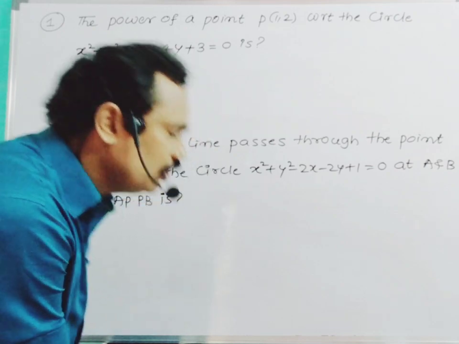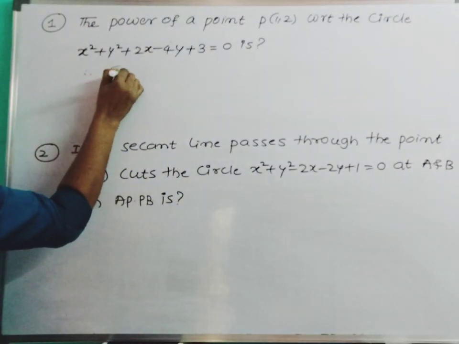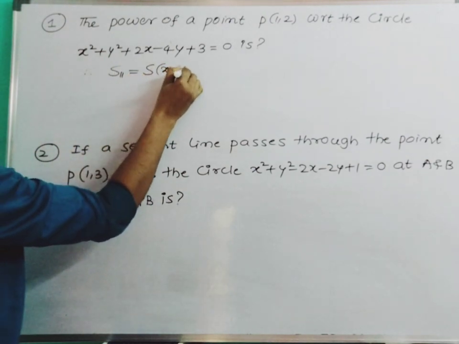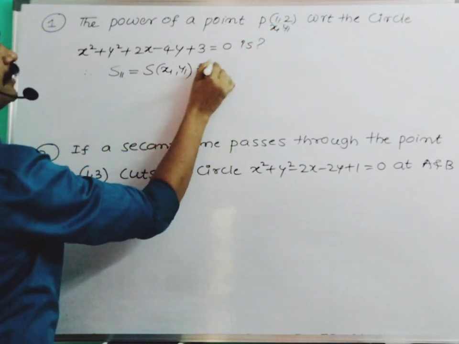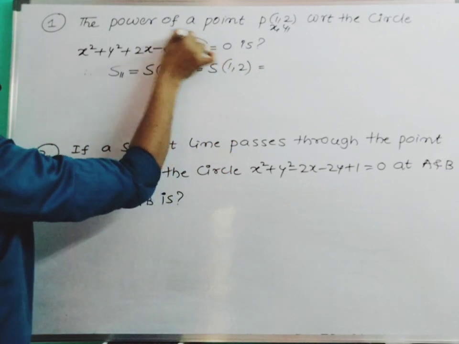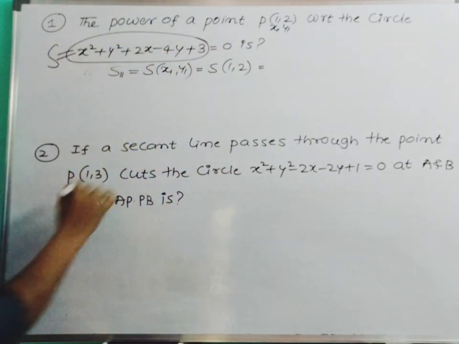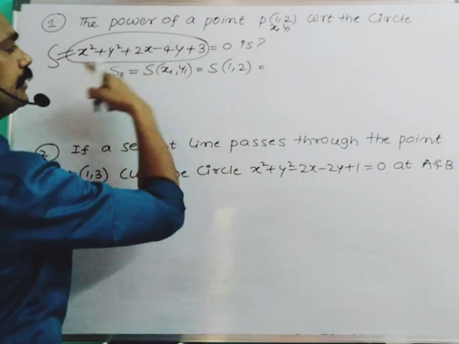S11. Chalo, find out. Given point is (x1, y1), so S of (1, 2). Substitute 1 for x coordinate and 2 for y coordinate.